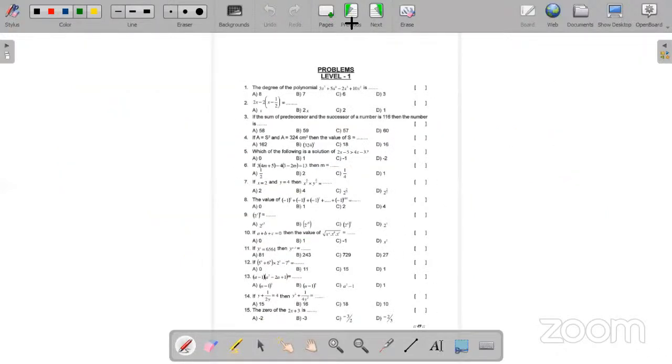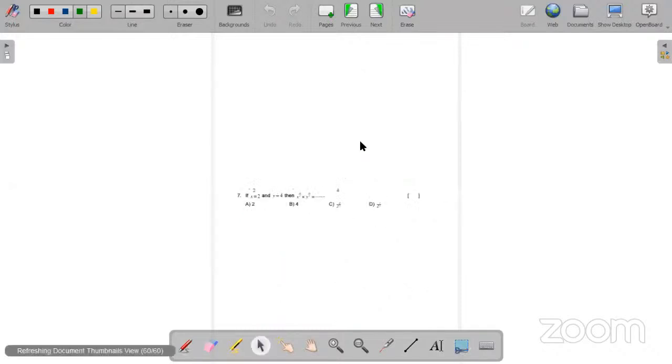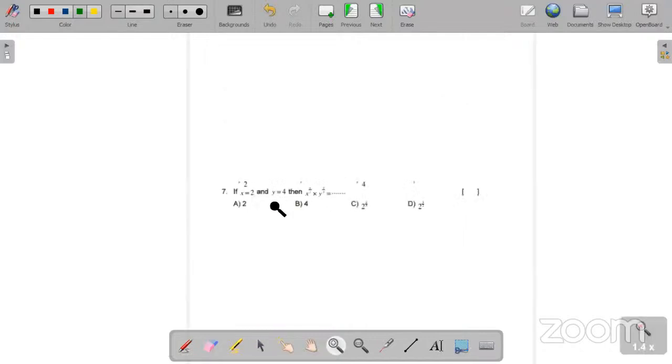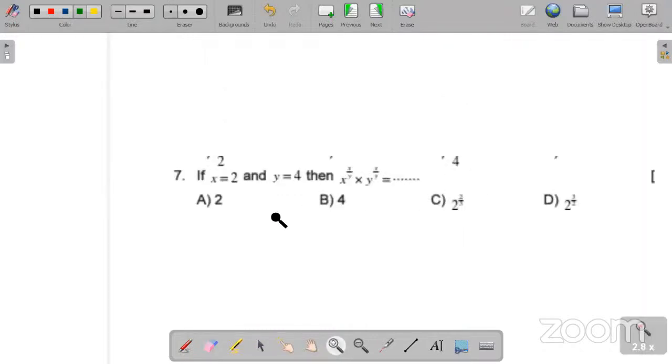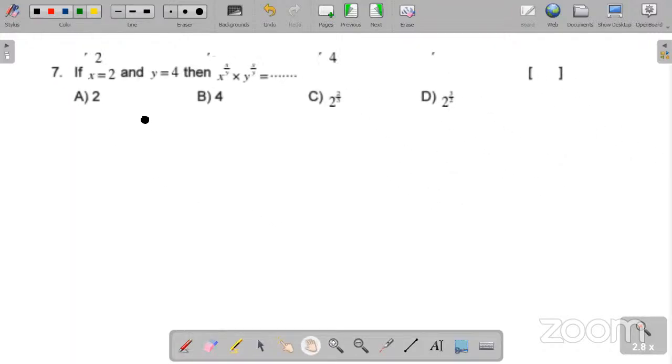Right. So let us move to yet another question. Let us try this question. Don't worry, I will rewrite the question once again.